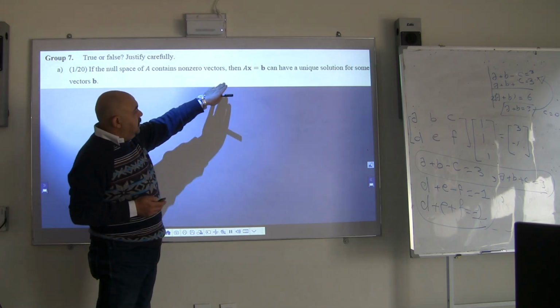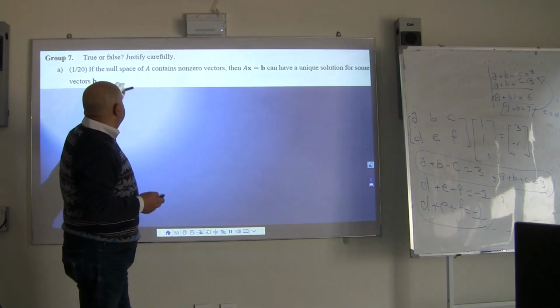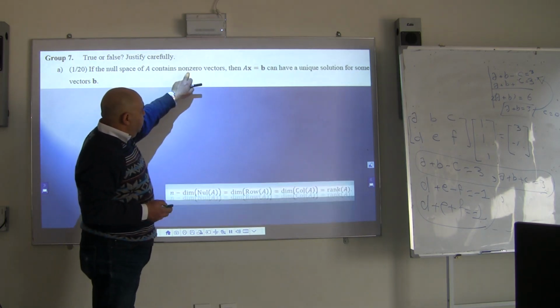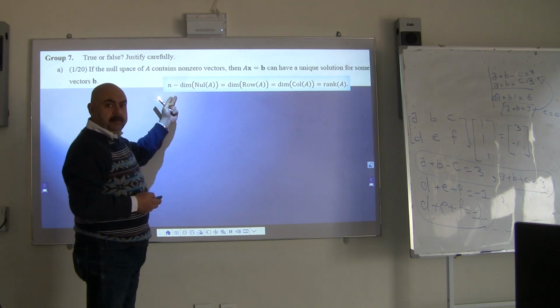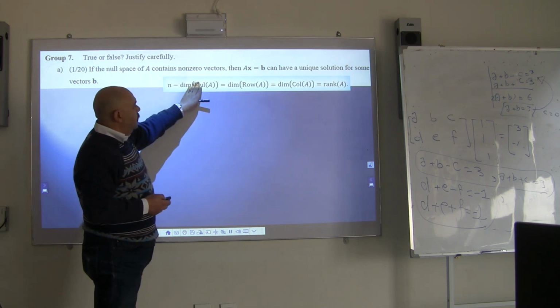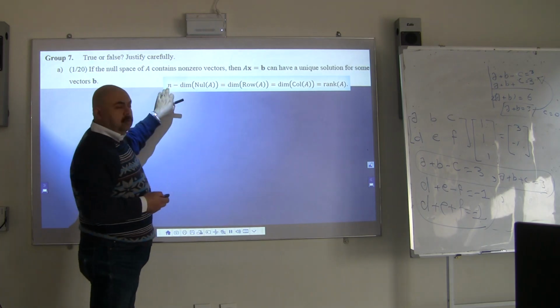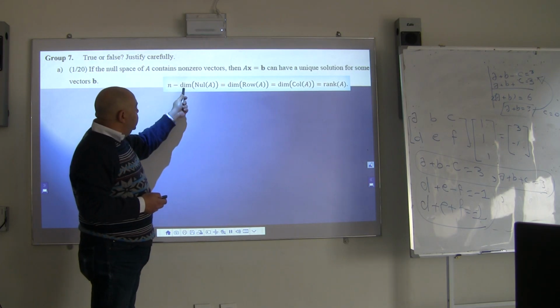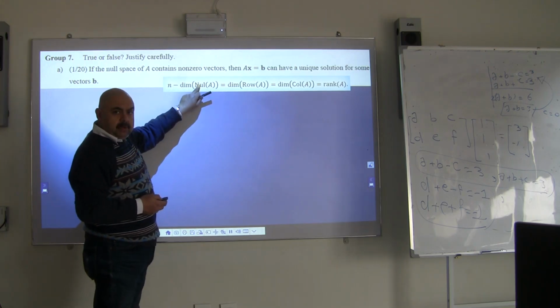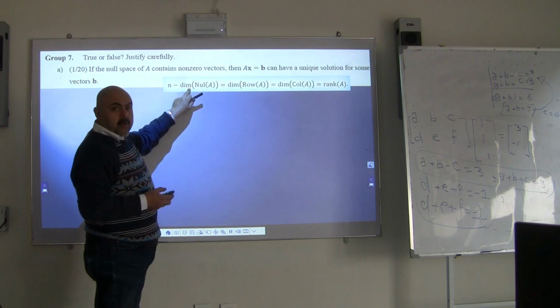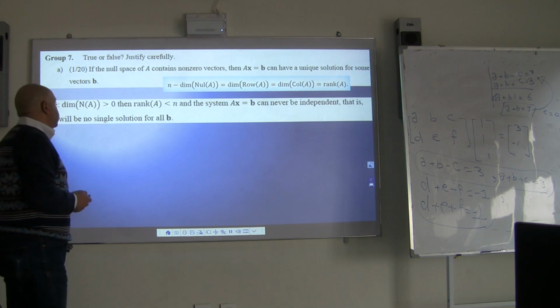Then can Ax equal B have a unique solution? No. If the null space of A contains any non-zero vectors, you are not going to have a unique solution. Remember this rule. If the nullity equals 0, that means the rank equals n, which means you will have a unique solution. But if the nullity of A doesn't equal 0, so the dimension is not going to equal 0, so n minus rank will be equal to some value, and you will have an infinite number of solutions.